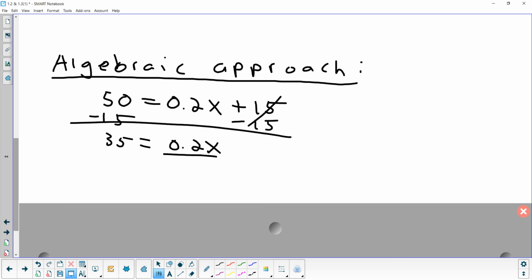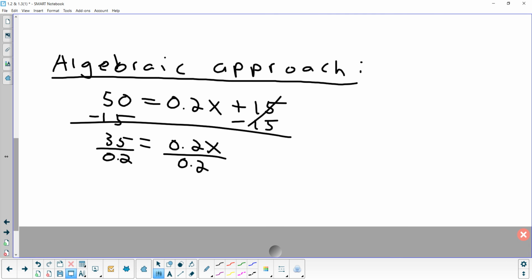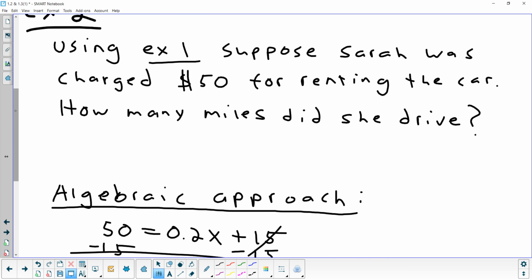And just to make that mentally easier, 0.2 is a fifth. So dividing by 1/5 is the same as multiplying by 5. So to do this calculation in my head, I'm going to do 35 times 5, which is 175. And go back and read the question. We were finding miles.